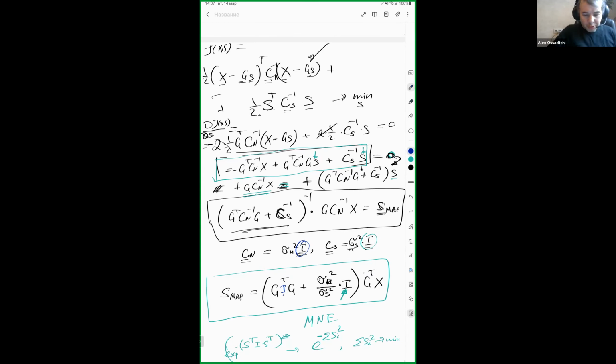But you can of course replace them with something more informative. You can measure the noise, for instance, and replace it with the noise covariance here. You can come up with some prior about your sources and put the prior here. From this you can derive many interesting methods, and a lot of them were already derived, of course.